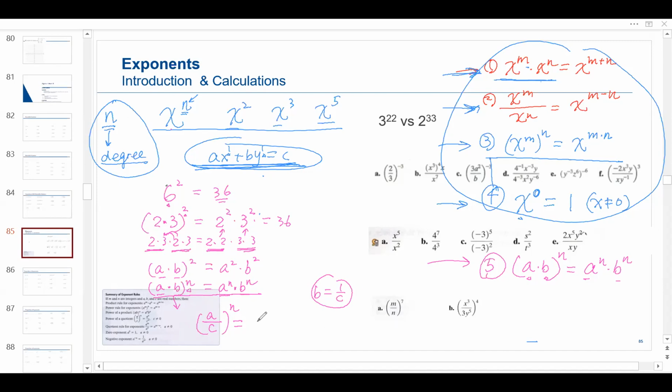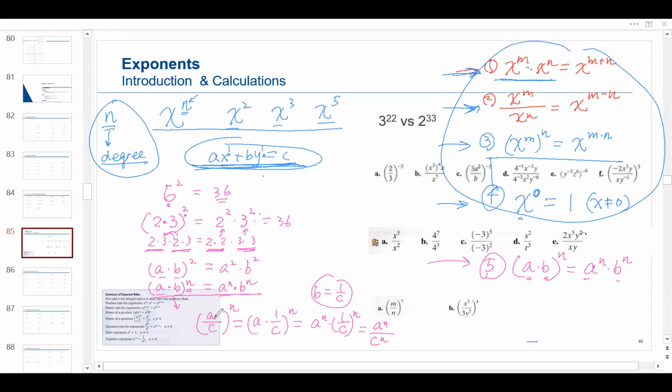So you can rewrite this one like this. So this becomes A power n times C power negative n. So you can see this one equals (A over C) to the power n.